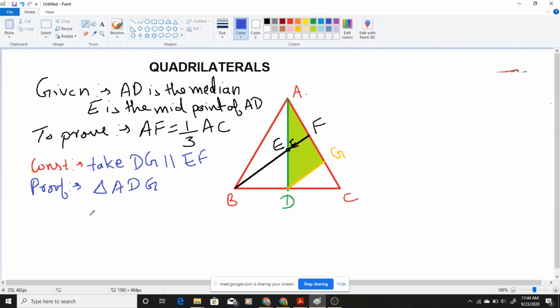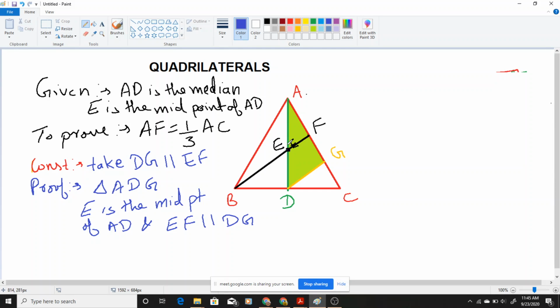This E is the midpoint, midpoint of AD. And the another thing, this EF is parallel to DG.